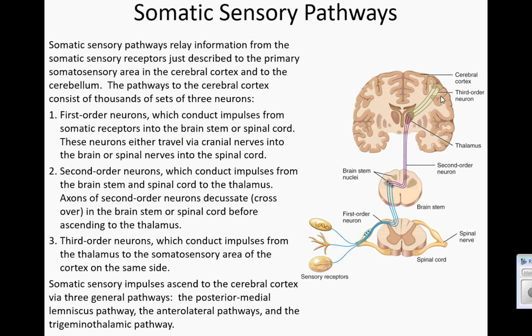These somatic sensory impulses ascend to the cortex by way of 3 general pathways. We've talked about these before. Posterior medial lemniscus pathway, anterolateral pathway, and trigeminal thalamic pathway.